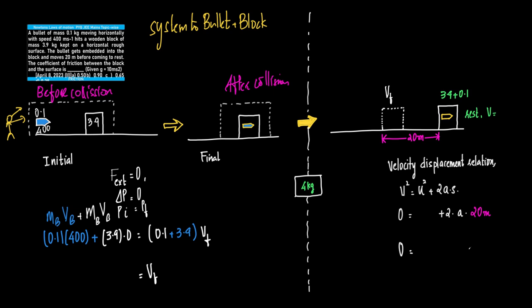So we assume that the velocity is equal to 0 for the block, and mass of bullet is 0.1 kg, velocity of bullet is 400 meter per second. Therefore, what we get is velocity final is actually 0.1 into 400, the whole upon 3.9 plus 0.1 is 4. 400 into 0.1 is 40 by 4. Therefore, v final is equal to 10 meter per second.